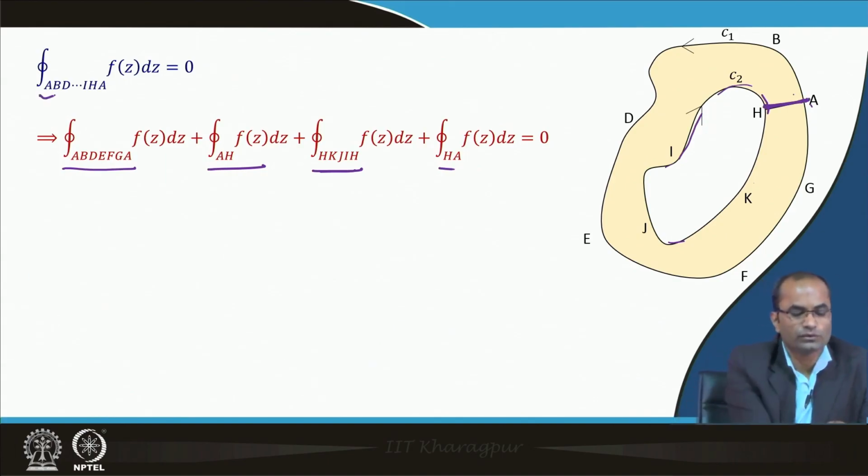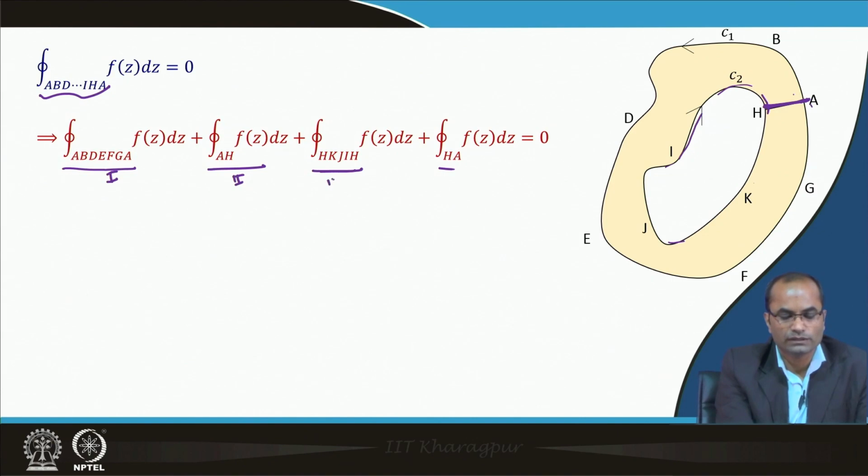So, this whole closed curve has been broken into these 4 parts, this is number 1, this is number 2, then 3, and then 4.